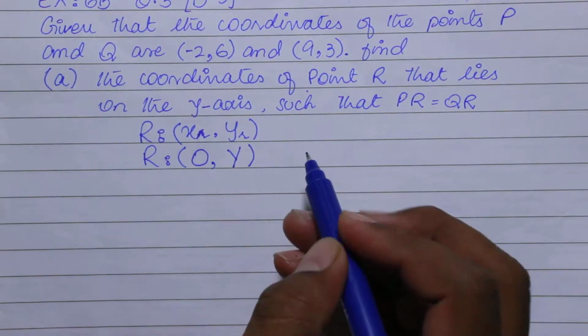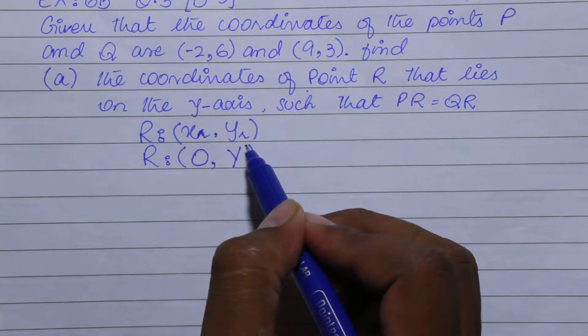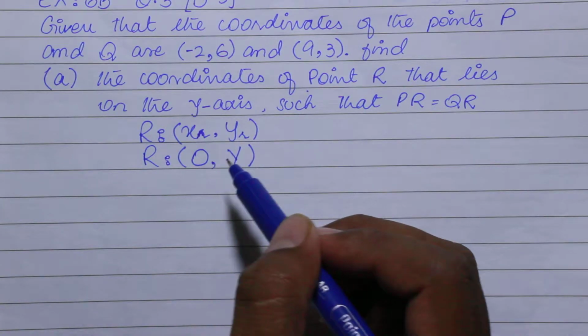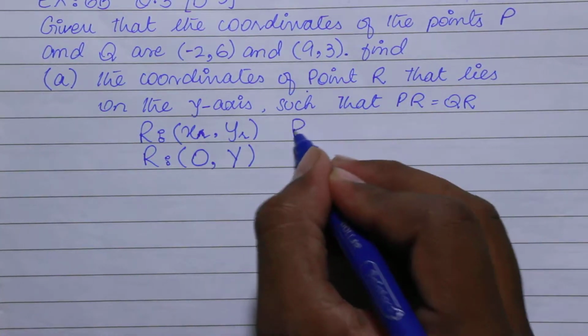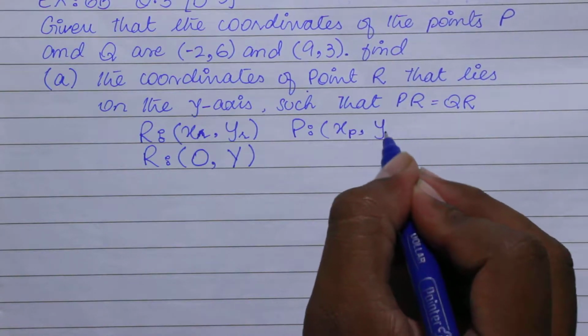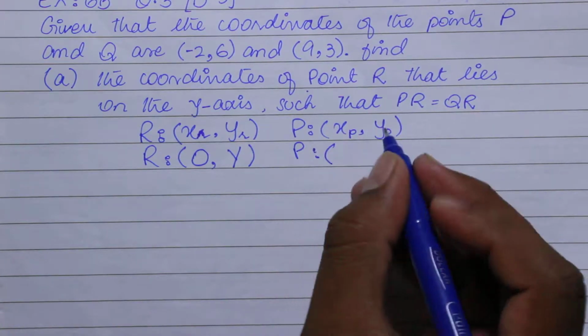If my point lies on the x-axis, then I will take y as 0 and x will be x. Clear?